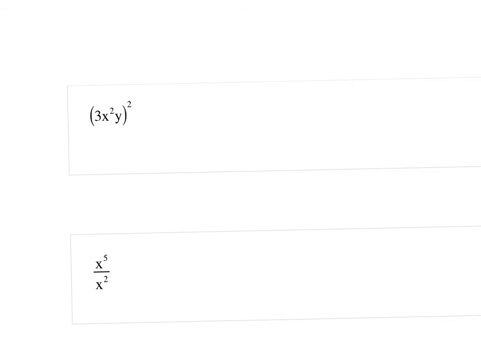When we have more than one base inside of parentheses, we still need to use that exponent with everything inside the parentheses. So if I write this out, what I have here is 3 to the second power, and then I have x to the second power, and then y to the first to the second power.